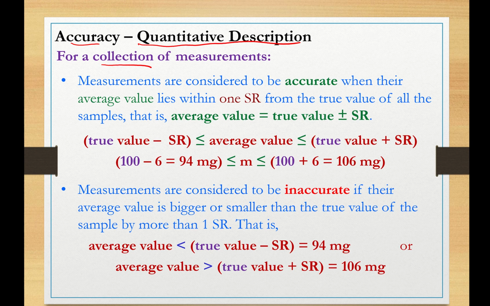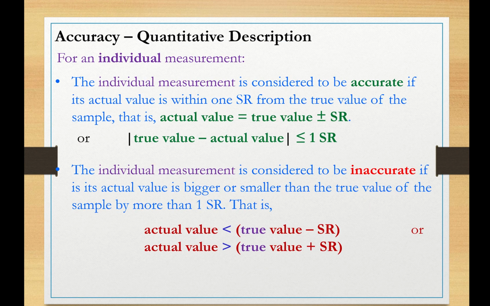For a collection of measurements, they are considered to be accurate when their average value lies within 1 SR from the true value. And you can see it over here. If the SR is 6, if your average value is between 94 and 106, the collection of these measurements is considered to be accurate. Not individual measurements, but the collection as a whole, okay?